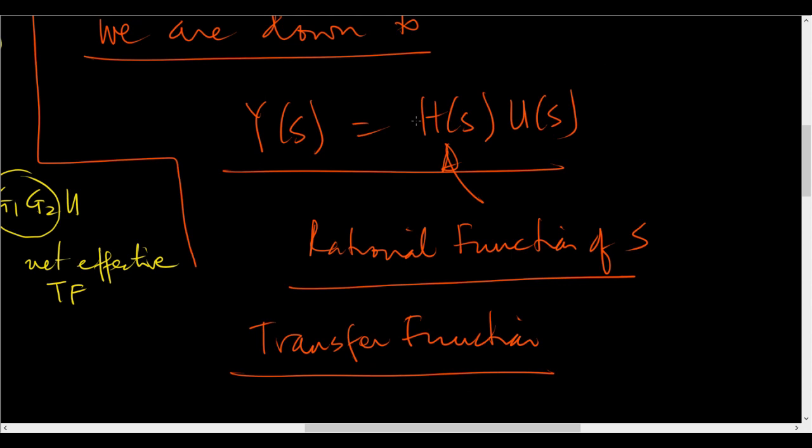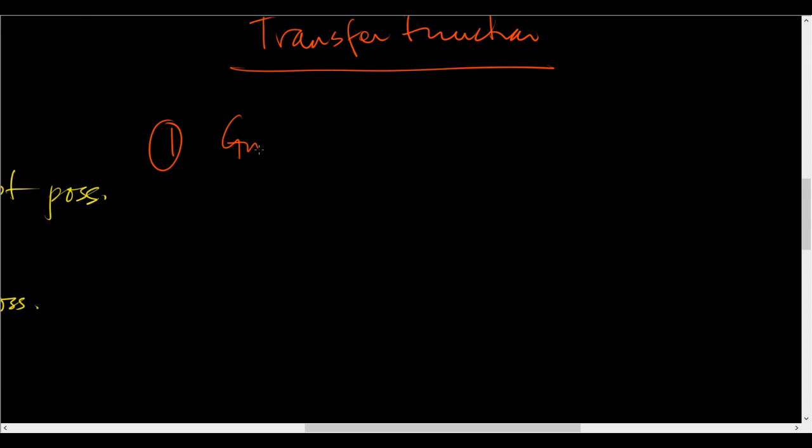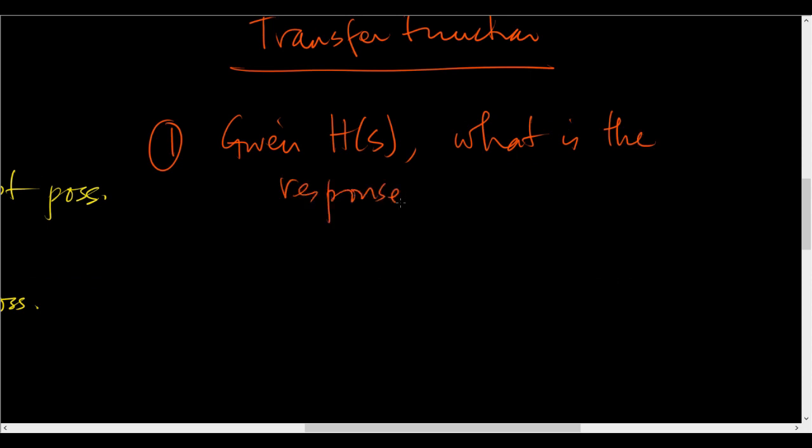If it is a lightly damped structure which vibrates a lot, then this is a perfectly good way to think about it. If it is some big piece of rubber or has long delays and some slowly changing temperature, then it is not a very good way to think about it. But in any case, we have gone through this derivation in other ways and you are, I hope, comfortable with it. So our next question is: one, given H of s, what is the response like or system behavior like?